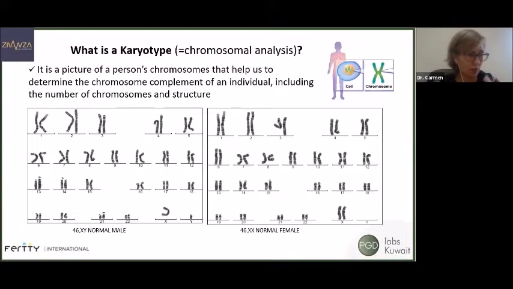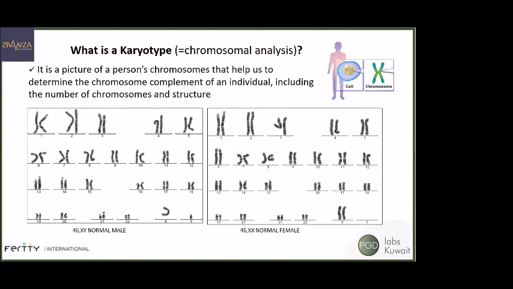This is chromosomal analysis, also called karyotype. The karyotype is the picture of a person's chromosomes, and it helps us to determine the chromosome complement of this person, including the number of chromosomes and the structure of these chromosomes.